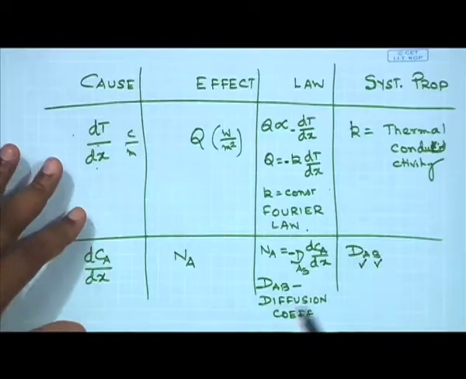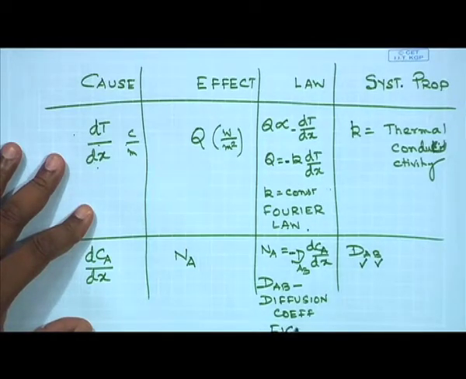So higher the diffusivity, higher would be the transfer of oxygen from point 1, the higher concentration, to point 2, the lower concentration. This relation is known as Fick's law of diffusion.